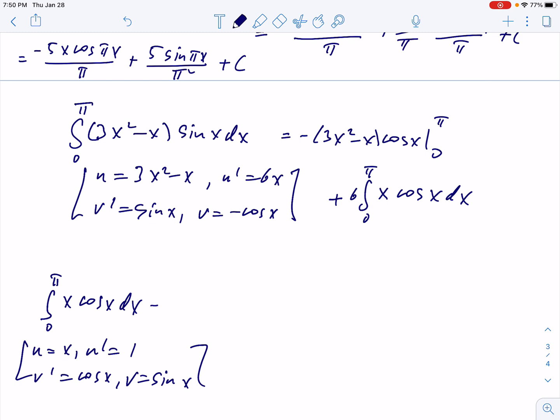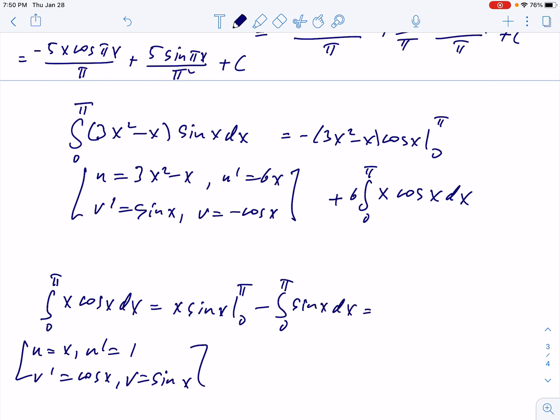Okay, so this integral will be uv, x sine x between 0 and pi, minus the integral from 0 to pi of u prime v, just sine x dx.